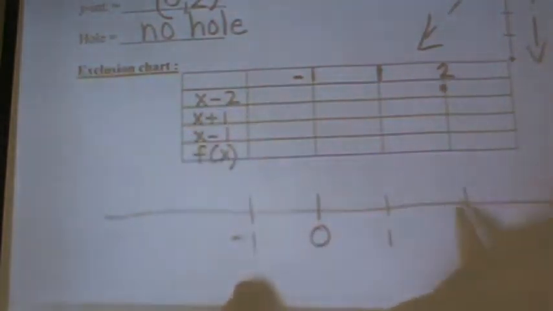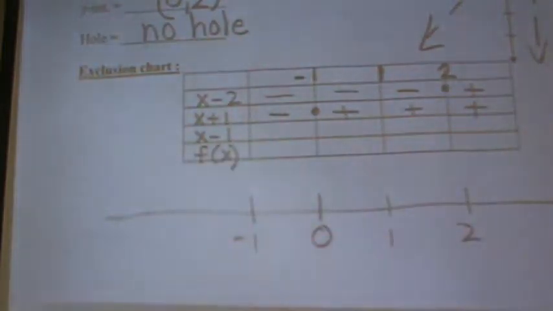Right here. So to the left, these will all be negatives, and that'll be positive. X plus 1, there's your 0. That'll be negative, these will be positive. So if I picked a number in this region, is it going to be negative or positive? Well, here's my 0 at 1, so to the left will be negative, and to the right will be positive.